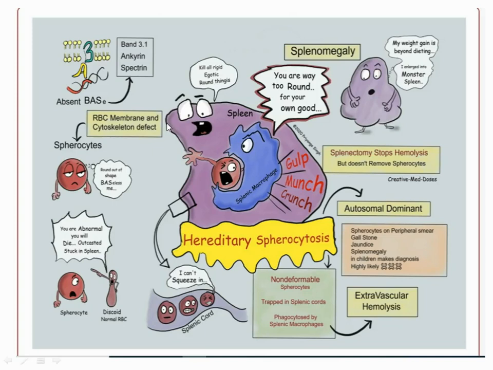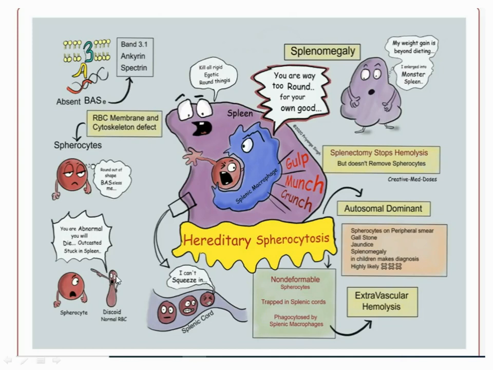What's the problem in spherocytosis? Absence of band 3, ankyrin and spectrin in the cell wall of the RBCs. As we know, normal RBCs are discoid, which makes it easy to pass through the capillary.